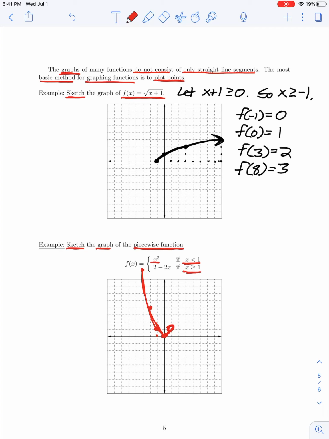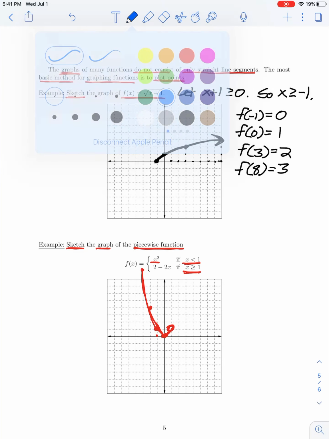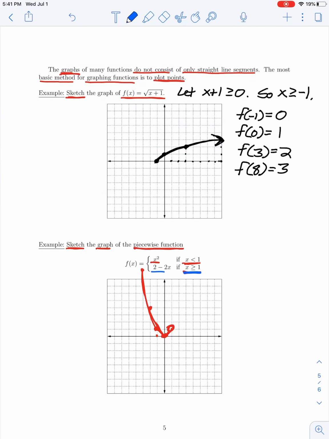Now when x is equal to 1, we change definitions to 2 minus 2x. So if x is equal to 1, that would give us a y value of 0. So we have a closed-in point at (1, 0). And then the graph of this would be a line.